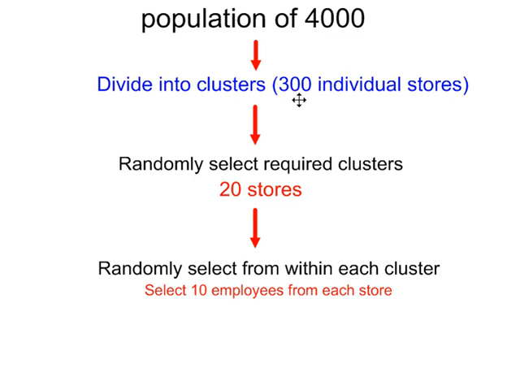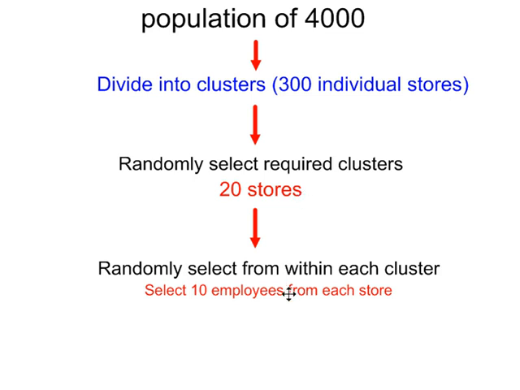And this is quite typical of cluster sampling, where you have large groups of your population grouped together in different geographical locations, called clusters. We're going to randomly select the required number of clusters. In this case, we're going for 20 stores.